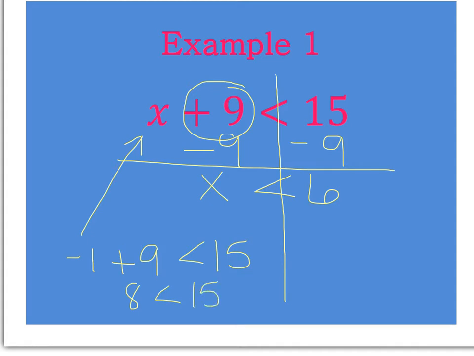Is 8 less than 15? Yes, it is. That means that any number less than 6 will make this a true statement, that x plus 9 is less than 15. So when we're solving inequalities, we're getting solutions. There's more than one solution when you're talking about an inequality.